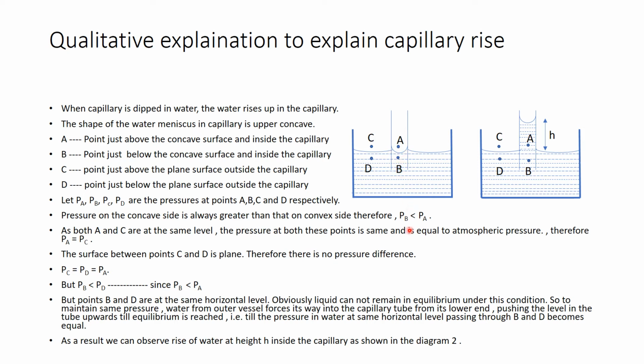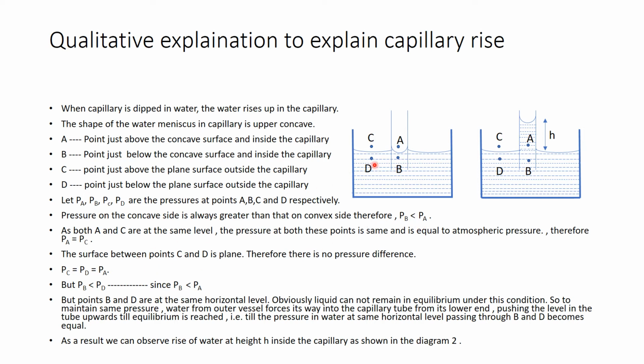So, the pressure at point B, that is PB, is smaller than PA, right? Because B is at convex side of the curve and A is at concave side.